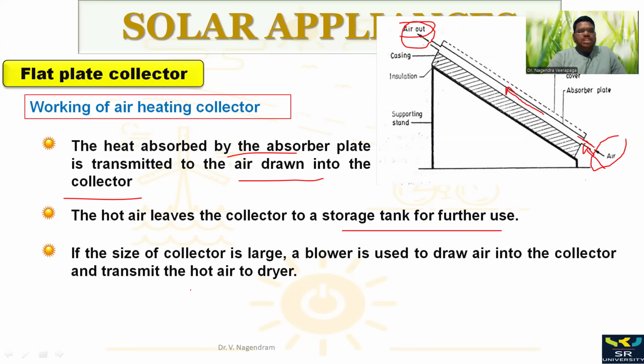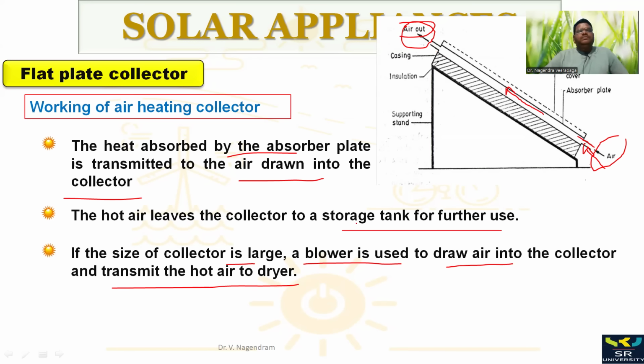If the size of the collector is large, what we can do is use a blower to draw air into the collector and transmit the hot air to the dryer. Suppose it is a small air heater that we are using in our homes, it will be a little bit small in size, so the air will circulate automatically.